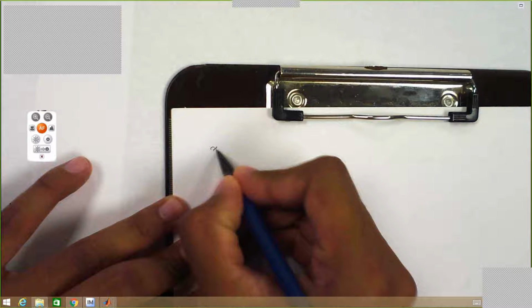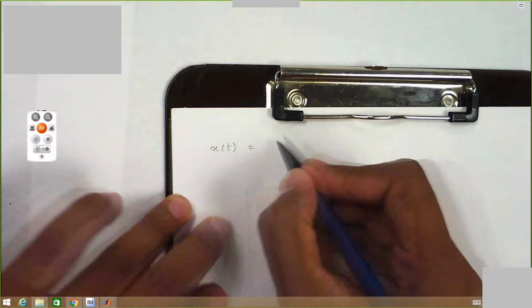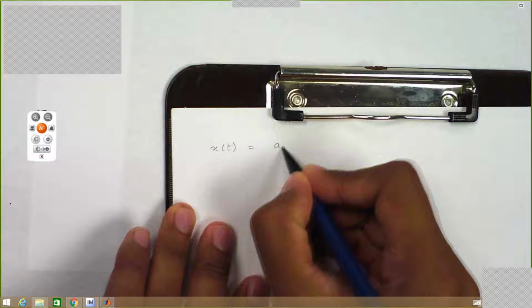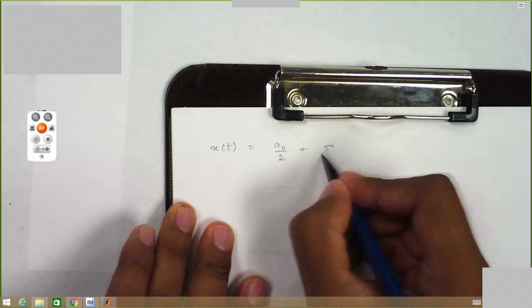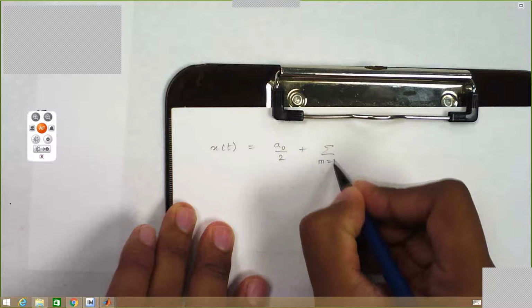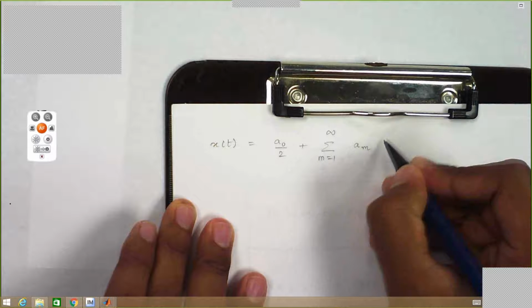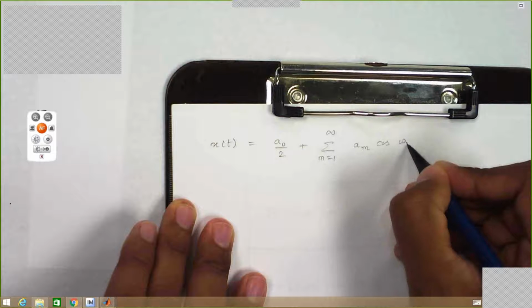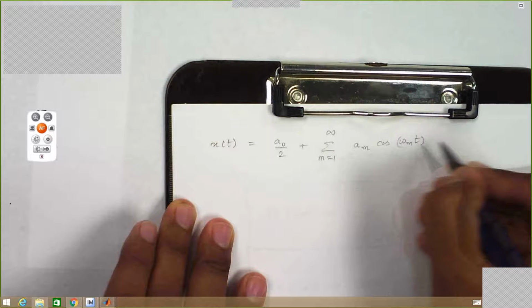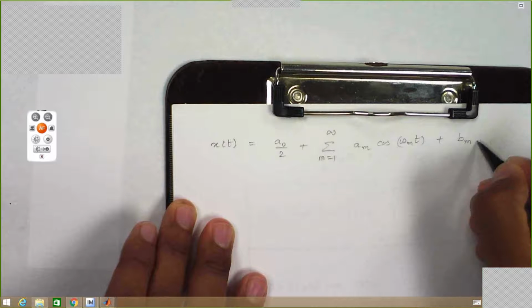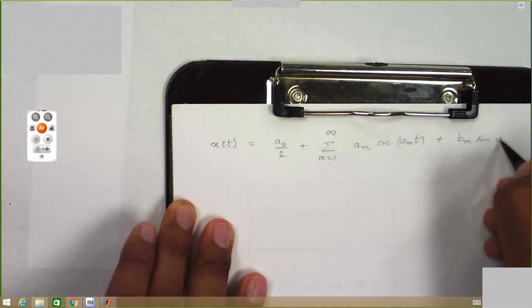So we had x of t as a0 by 2 plus summation m equals 1 to infinity of am cos of omega m t plus bm sine of omega m t.